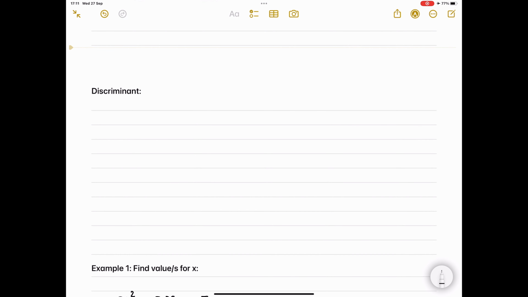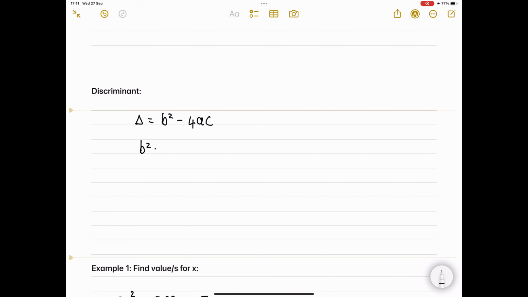Your discriminant can also be written as a triangle. And with this, you can see what the roots are or how many real solutions you have.